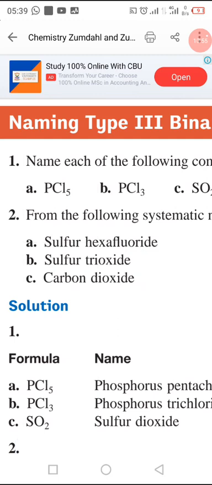So we've got sulfur hexafluoride. We've got also sulfur trioxide, and also I've got carbon dioxide.